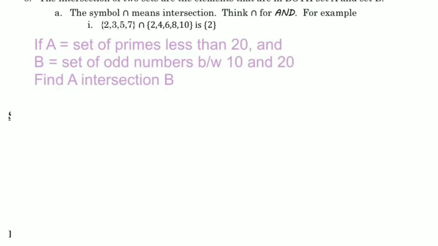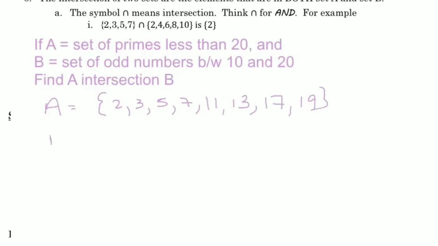The intersection of two sets is the set which contains elements that are in both set A and set B. So let's have a look at an example. A is the set of primes less than 20. So A is the set 2, 3, 5, 7, 11, 13, 17 and 19.